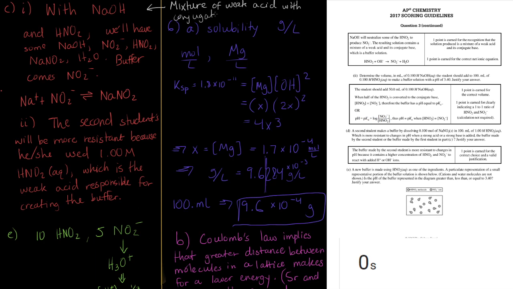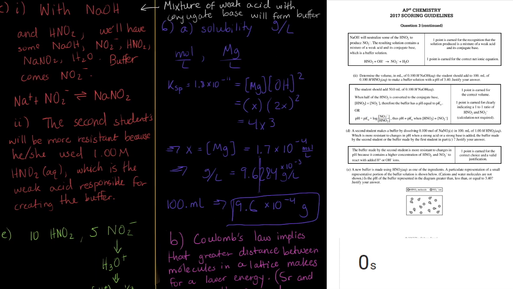This makes sense to me because either the weak acid or the conjugate base is going to be buffering your directions whenever you add acid or base. If you add base, the acid will buffer, and if you add acid, the base will buffer. Cool.